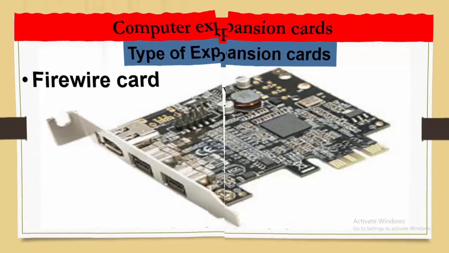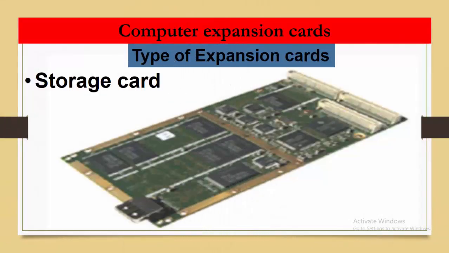Okay, students, let's go ahead. The next one is a storage card. What do you think about this? A storage card, as you are seeing in the figure, often also called a flash memory card or simply a memory card, is connected to a computer in order to provide users with extra space to store their data.